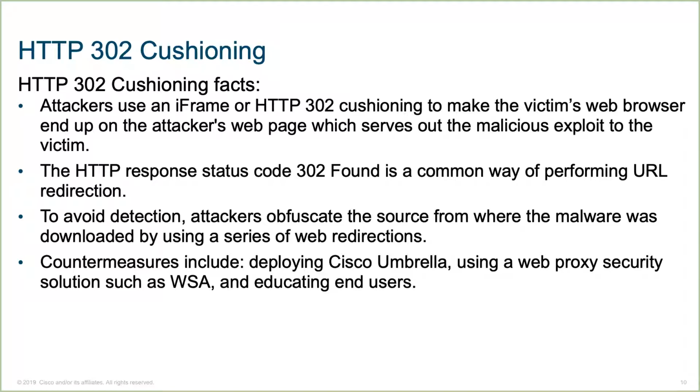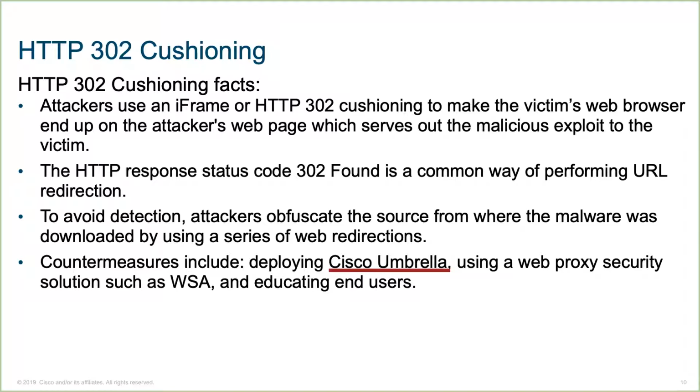So of course, some of the different ways we can combat this obfuscation, this hiding in plain sight of the ultimate destination, the compromised web server destination, is by educating our end users, using something like Cisco's Web Security Appliance or WSA, and then also, again, Cisco Umbrella.